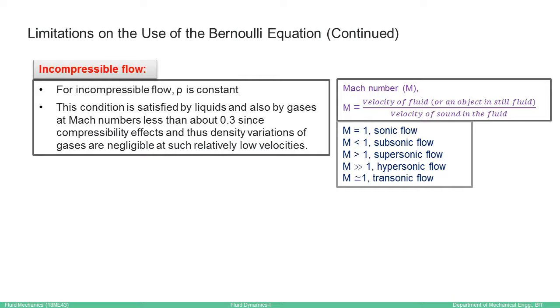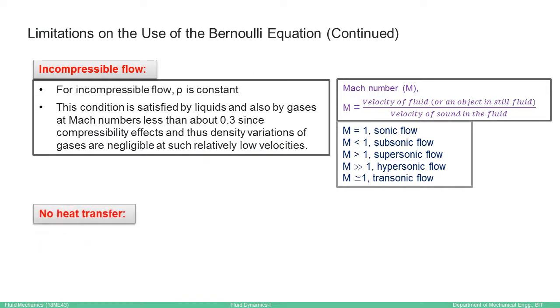When the velocity of fluid goes much beyond 0.3 times the velocity of sound in the fluid, then compressibility effects have to be accounted for. So for a problem where rho is constant and Mach number is less than 0.3, the flow becomes incompressible.